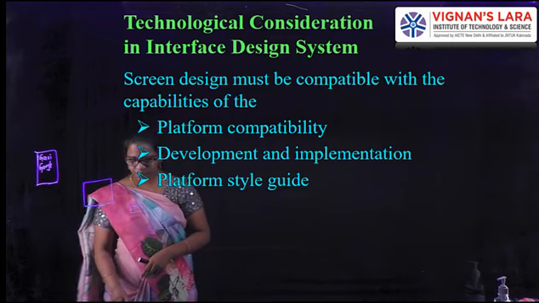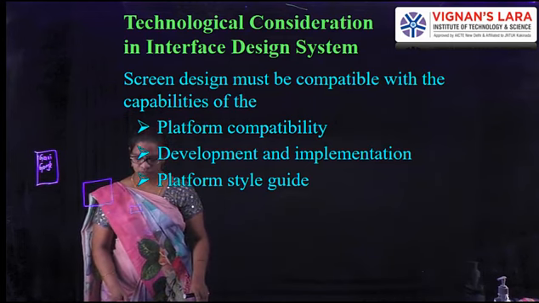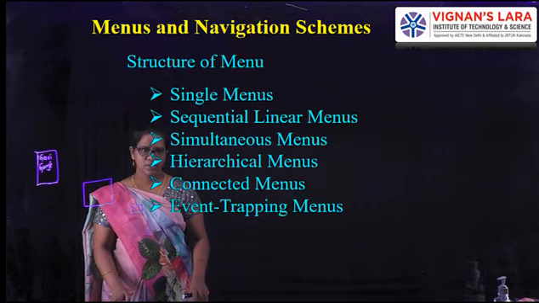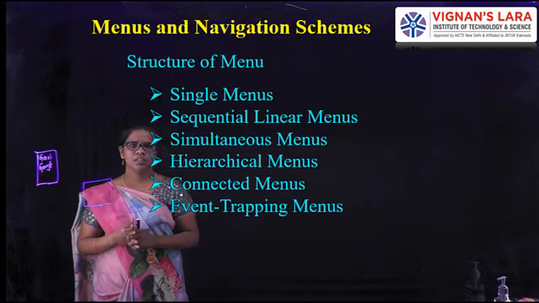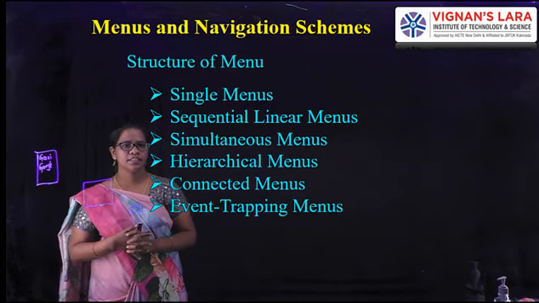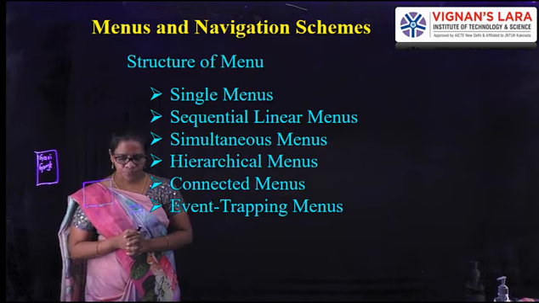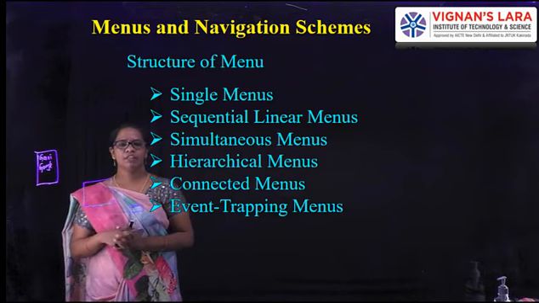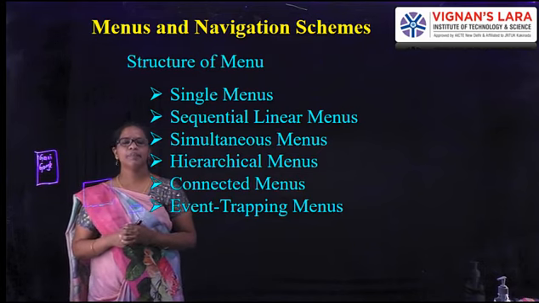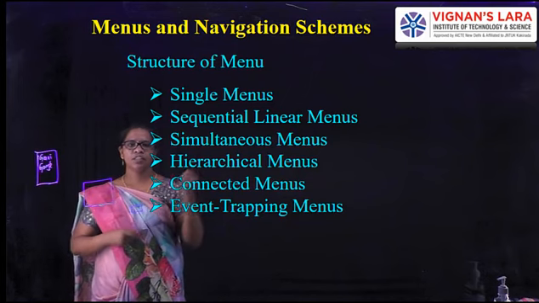And coming to menus and navigation schemes. The next one is the menu and navigation scheme. So we have different menus. If you open a Word document or Excel document, you will have some menus. What is a menu?